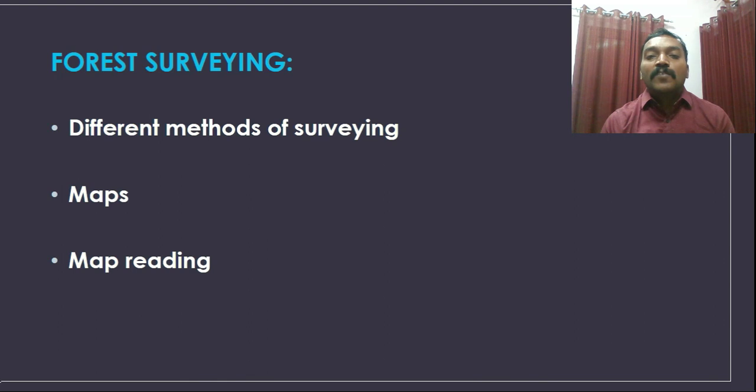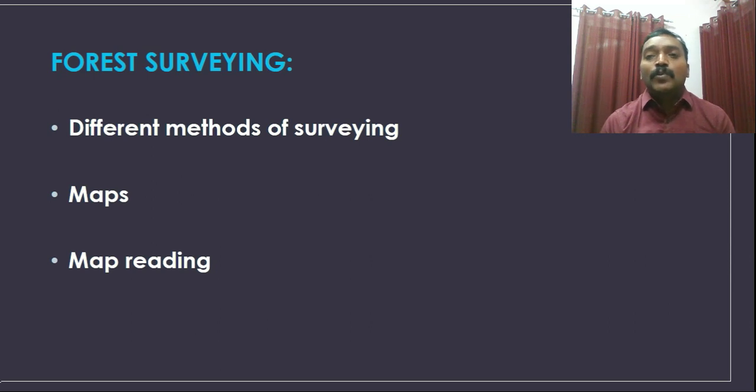As we know, forest boundaries generally overlap with villages or urban bodies, so there will always be a problem of locating the exact forest boundary. The understanding of forest survey helps in identifying the forest boundary. So forest surveying is a very important and essential aspect of day-to-day forest management.